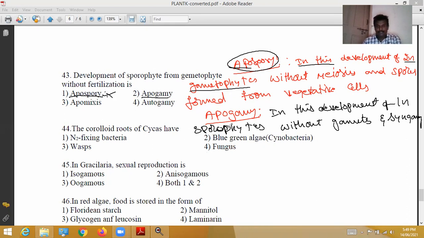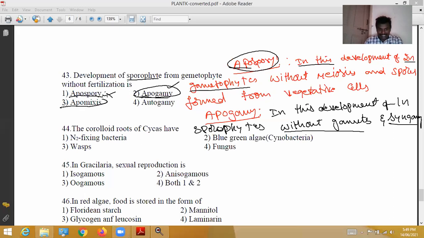Next, apogamy. Apogamy means what? The development of a sporophyte from the gametophyte without fertilization, without gametes, without syngamy. That is called apogamy. So the second option is the correct option.